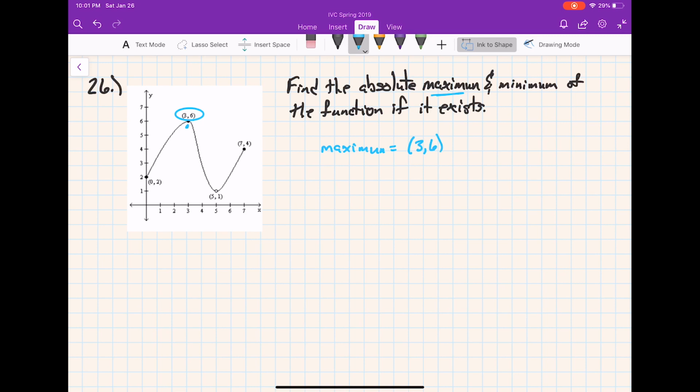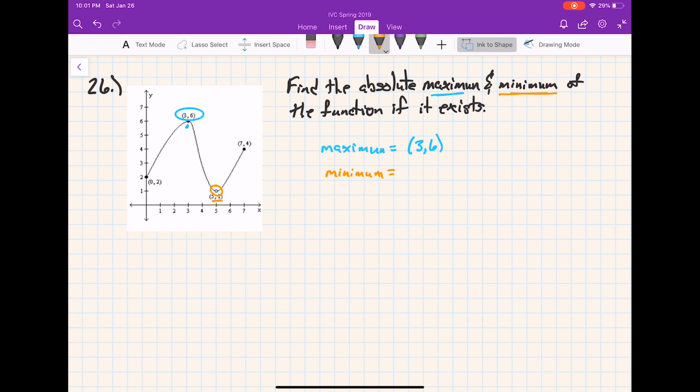Now, this is why I was talking about that including and not including situation here. If you look here at our minimum, we see the lowest point here is 5, 1, but it's got an open circle. So that means that is not included in this whole thing. So our minimum gets infinitely close to 5, 1, but never touches 5, 1.